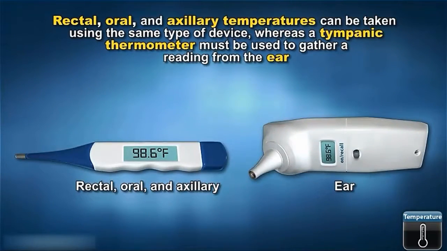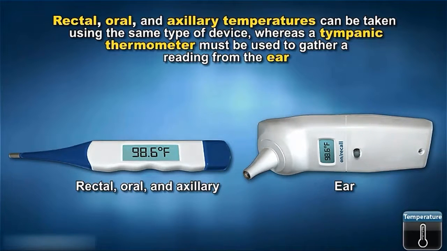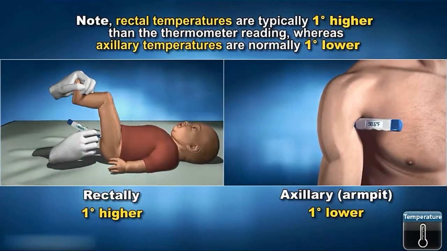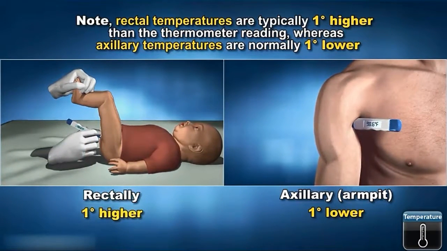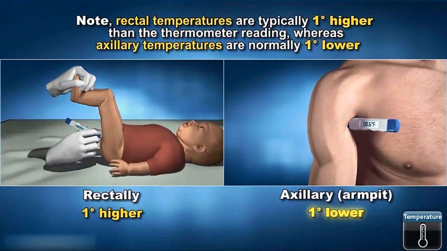Rectal, oral, and axillary temperatures can be taken using the same type of device, whereas a tympanic thermometer must be used to gather a reading from the ear. Note, rectal temperatures are typically 1 degree higher than the thermometer reading, where axillary temperatures are normally 1 degree lower.